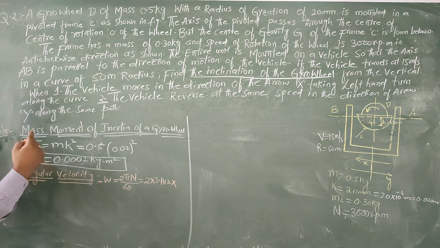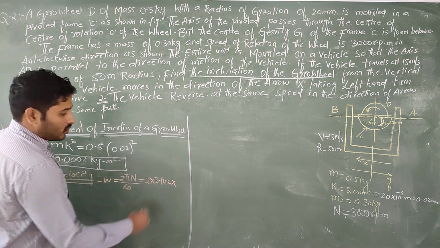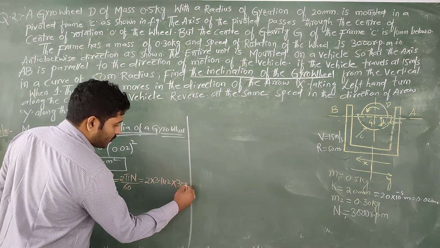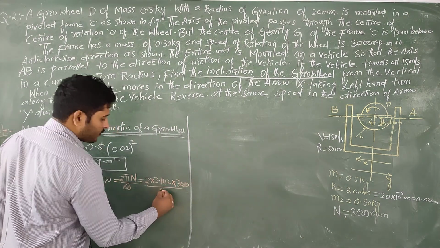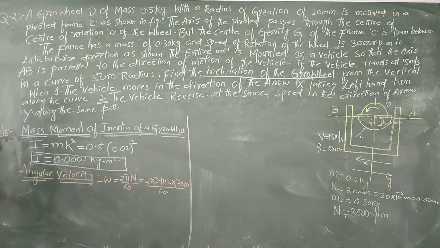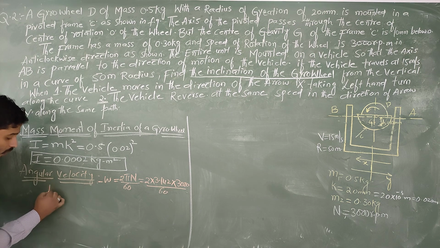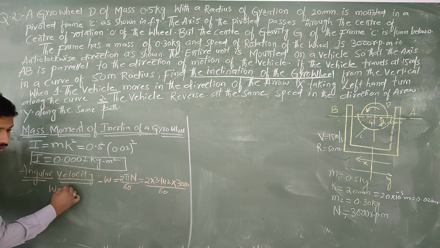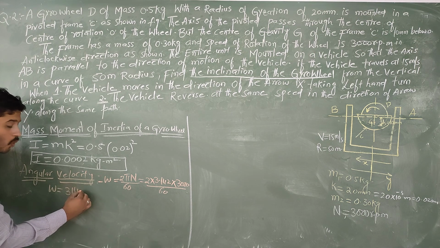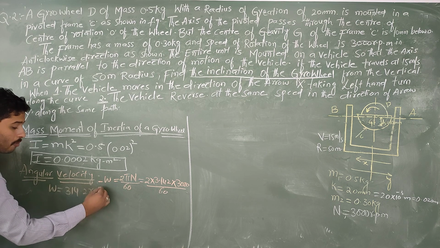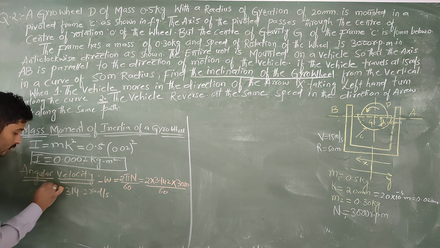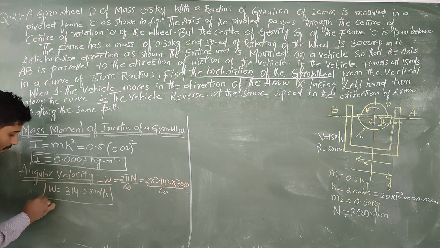The speed of rotation of the gyro wheel is given as 3000 rpm, divided by 60. If you divide this, you will get the value of omega equal to 314.2 radian per second.